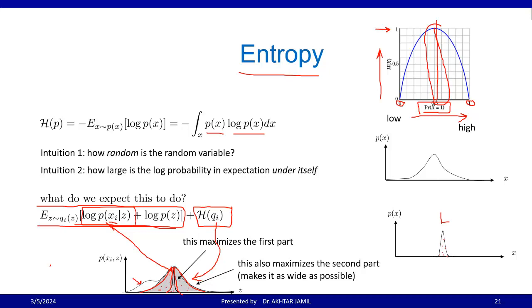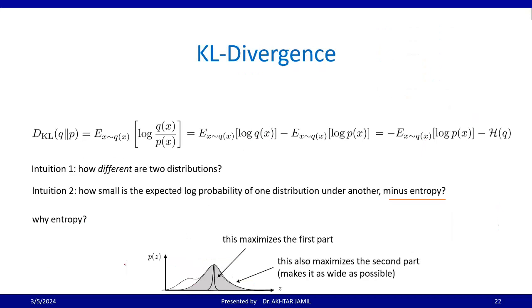So randomness is low here. But this one has high entropy, so we have many more possibilities of selecting the data. This is the impact of adding this entropy term to this equation. We want a diverse set of values coming out, similar to the original distribution that we have. So entropy plays that role.